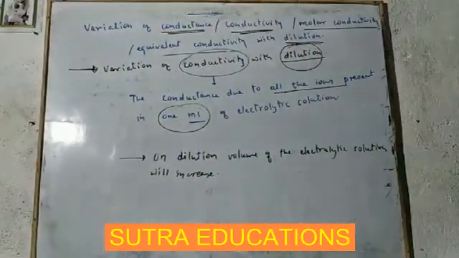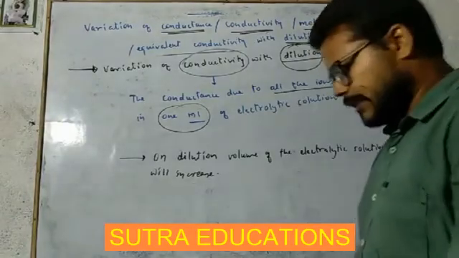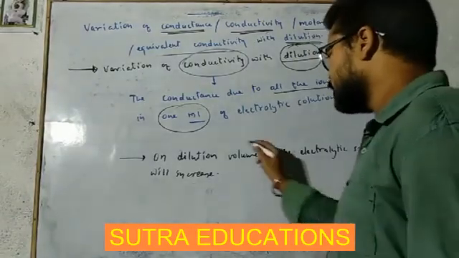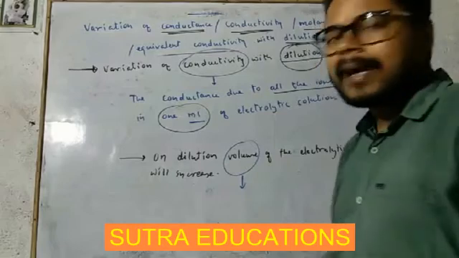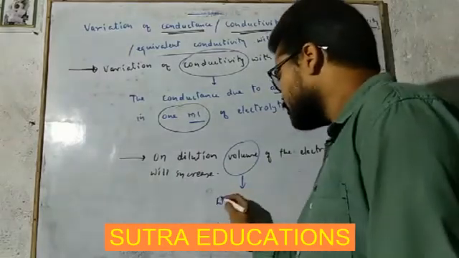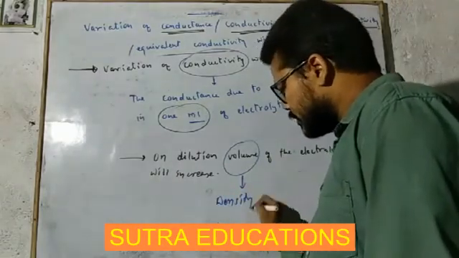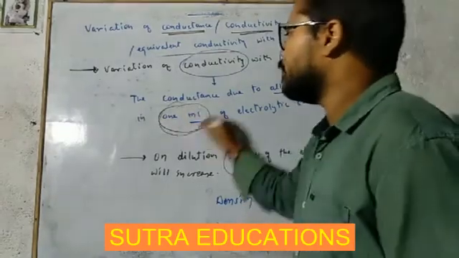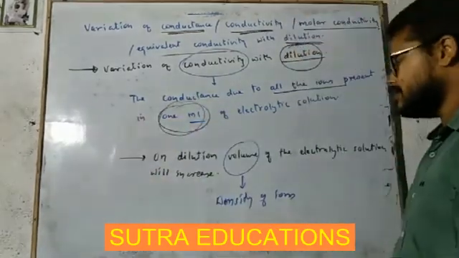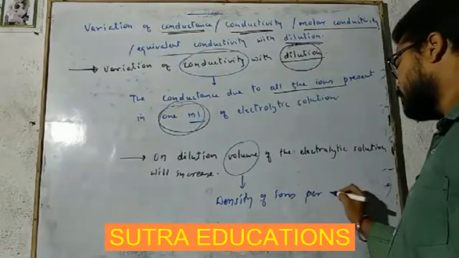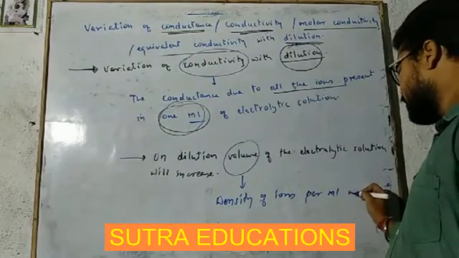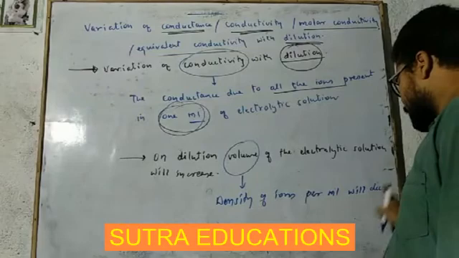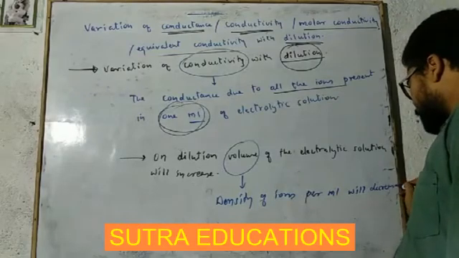Okay. So if volume will increase, then we can say density of ions per ml will decrease. Getting this or not?